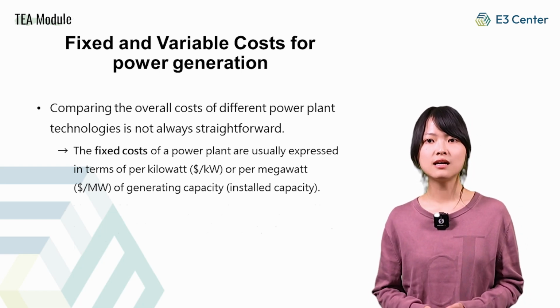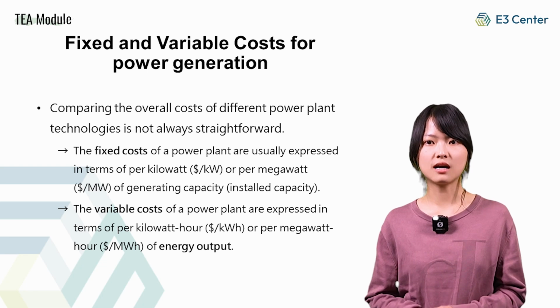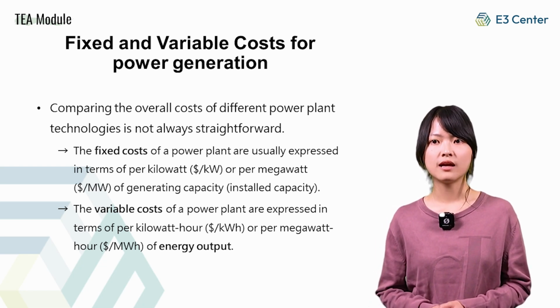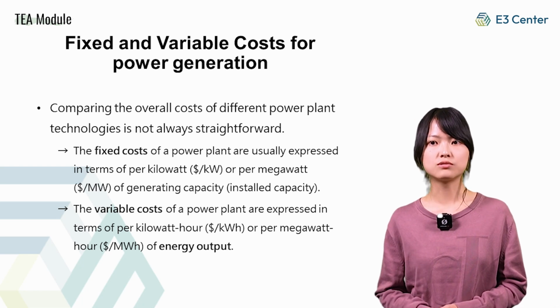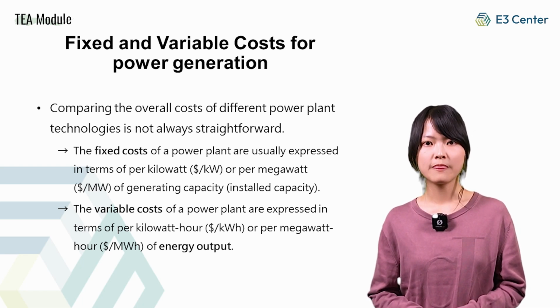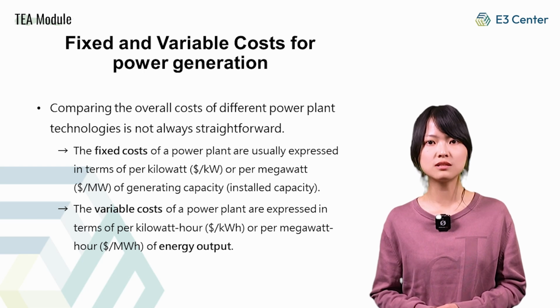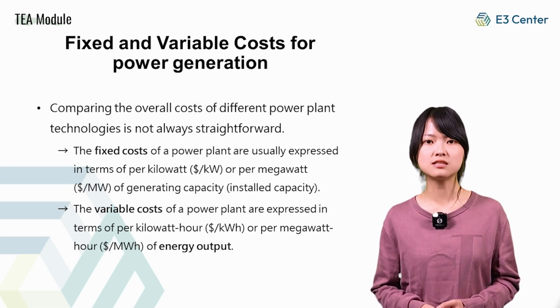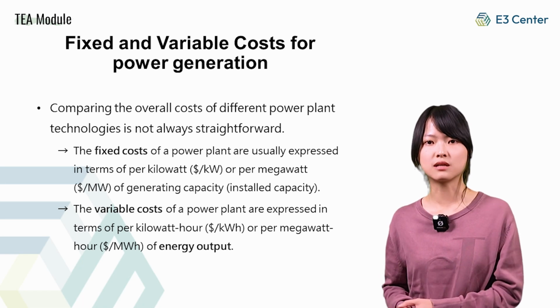On the other hand, the variable costs of power plants are calculated based on the electricity output, expressed in terms of dollars per kilowatt hour or dollars per megawatt hour. These costs fluctuate depending on the level of production and primarily consist of fuel, maintenance, and operational labor cost.